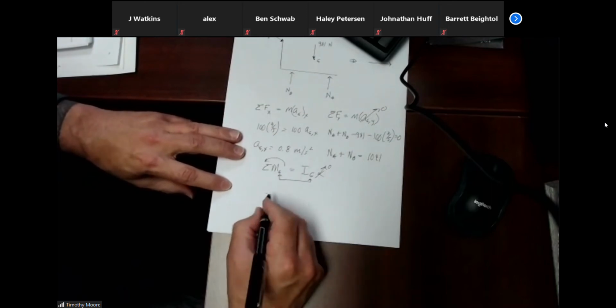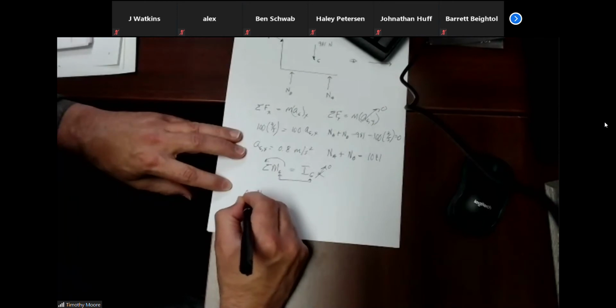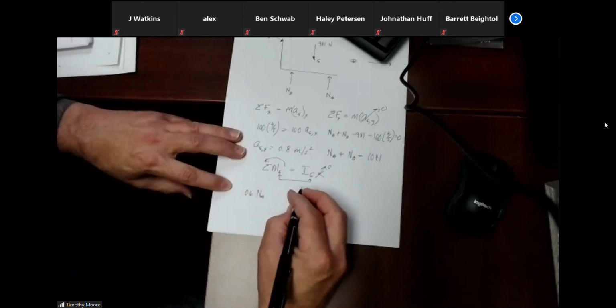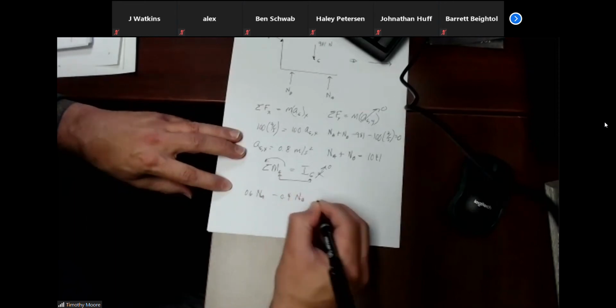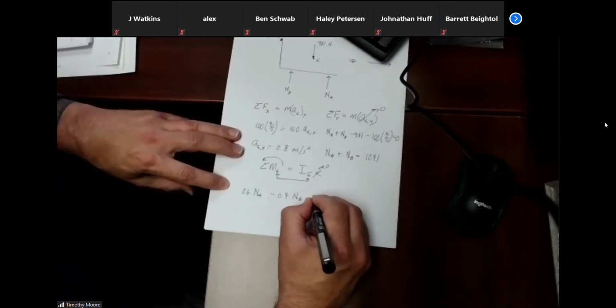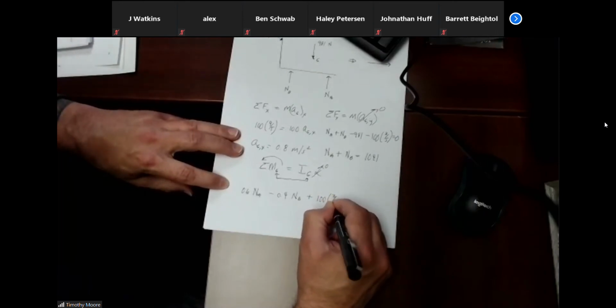And so I have the normal force at A times 0.6 minus 0.4 times the normal force at B plus 100 times 3/5.